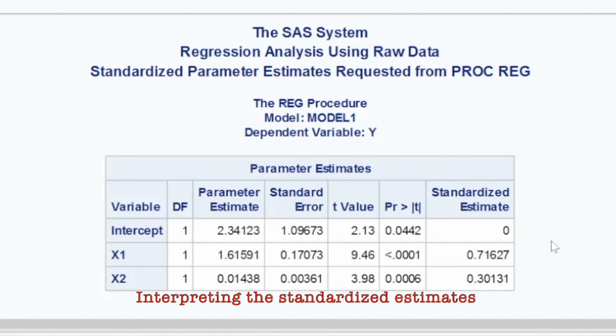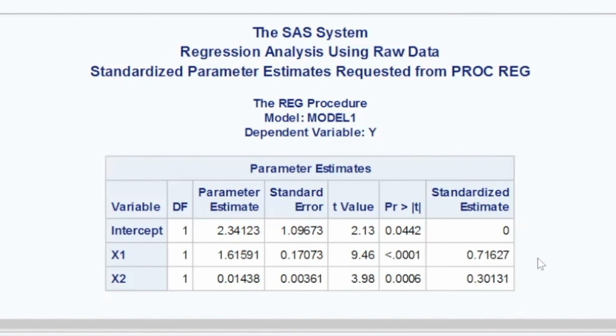And so what the standardized estimates tell us is that a one standard deviation increase in the X1 variable results in a 0.71627 standard deviation increase in the response. Similarly, for the X2 variable, a one standard deviation increase results in an increase in the response of 0.30131 standard deviations.